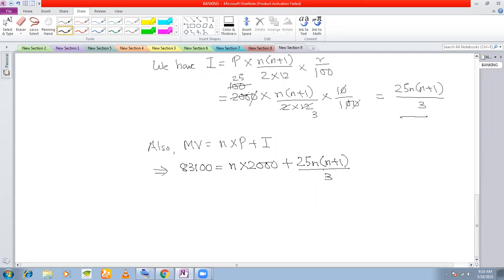Okay. So now what we do here is, from this term and this term, I can take out 25. So if I take out 25, here I am left with 80n plus n into n plus 1 by 3.